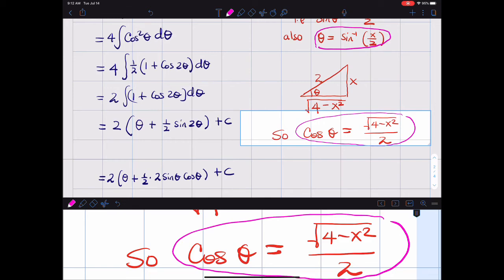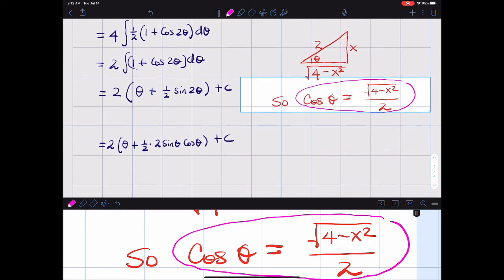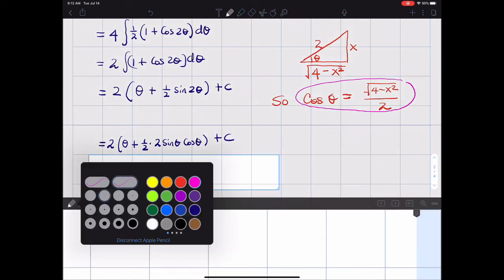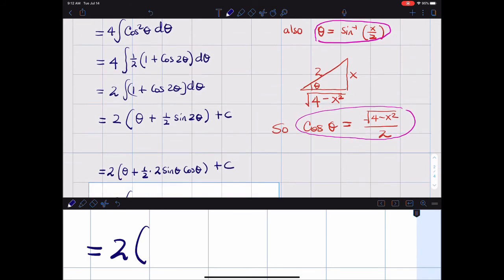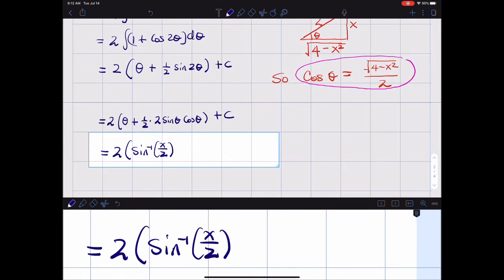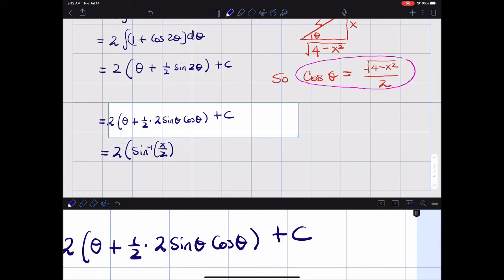All right, theta and cosine theta. So if I go now to my answer, theta is inverse sine of x over 2, right? And then this 1/2 and 2 just multiply each other and they go out.